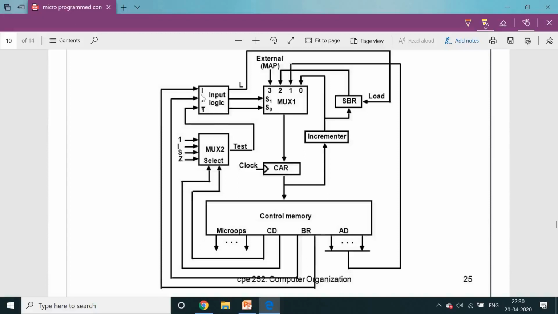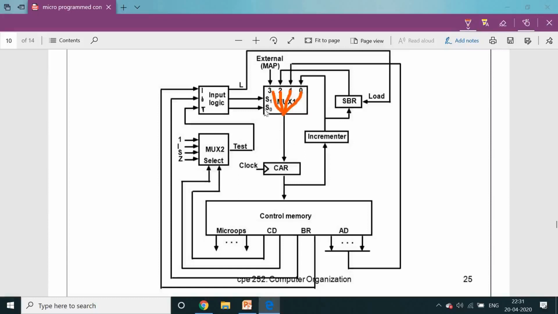With the help of I0 and I1 we generate a loading signal to load the subroutine register value, and with the help of these input logic bits we control the multiplexer. For S0 and S1: if 0 0, the output switch is connected to input 0. If 0 1, the switch is connected to input 1. If 1 0, it is connected to input 2, and if 1 1, it is connected to input 3. These are the 4 sources of the address.